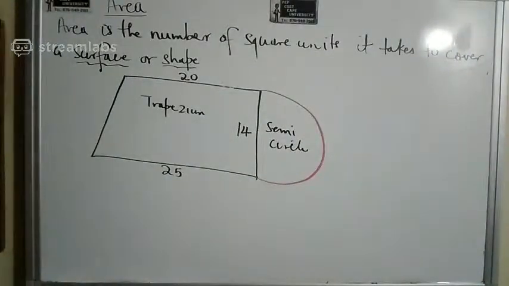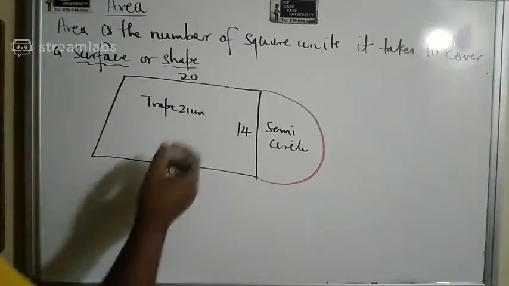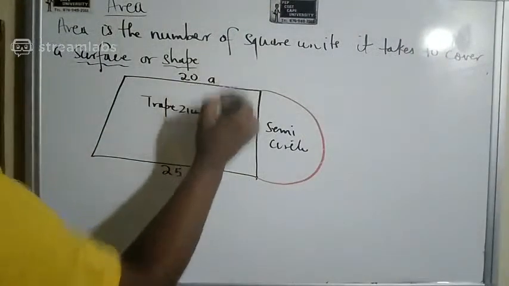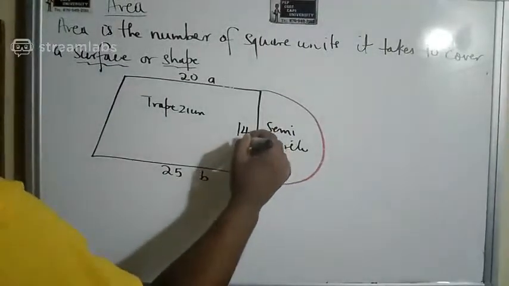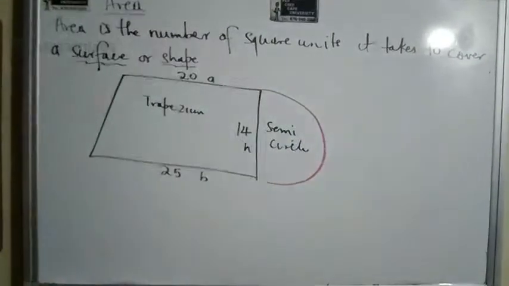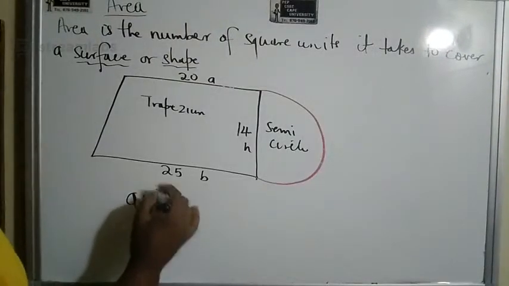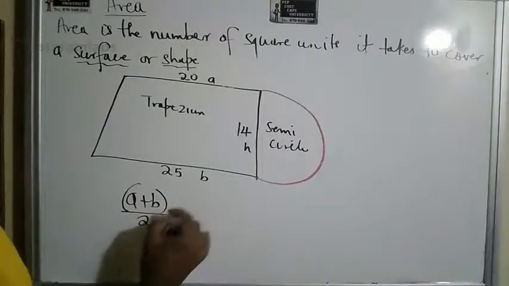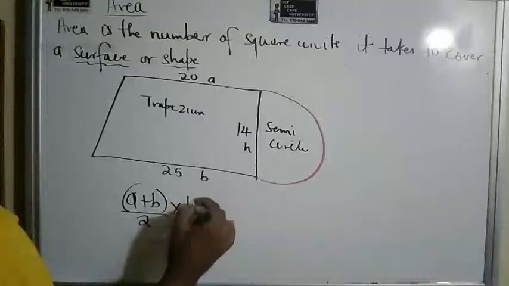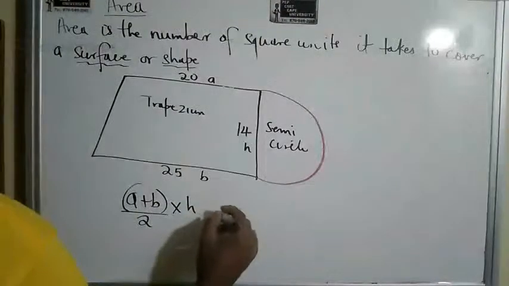Alright, so we can find the area of the trapezium first. For the area of a trapezium, we could call this A, this is B, and this is the height. So the area is A plus B divided by 2 times the height. So let's put this in perspective now.